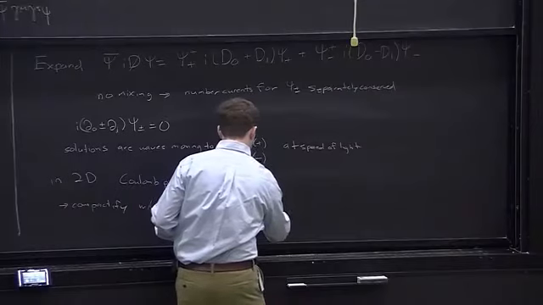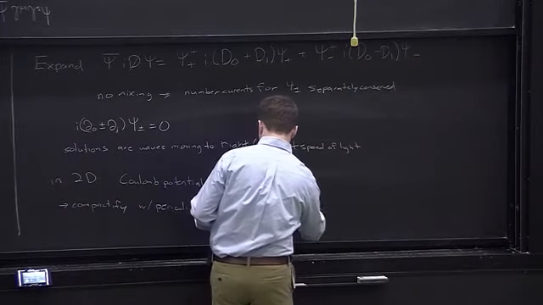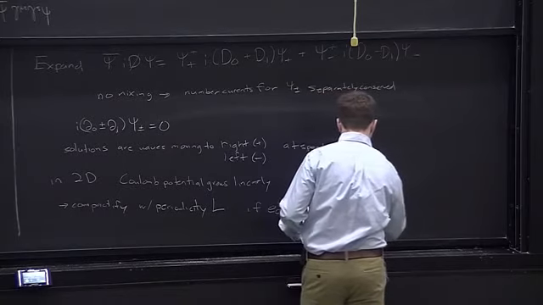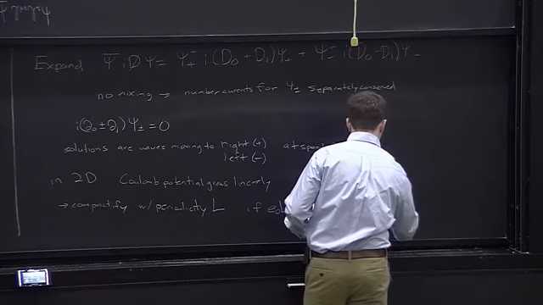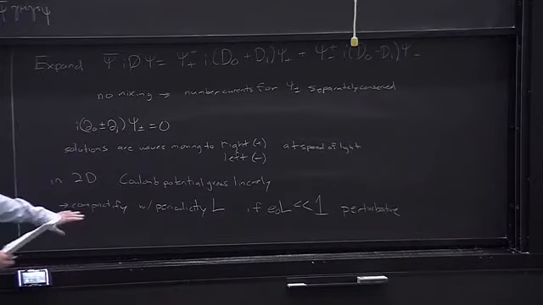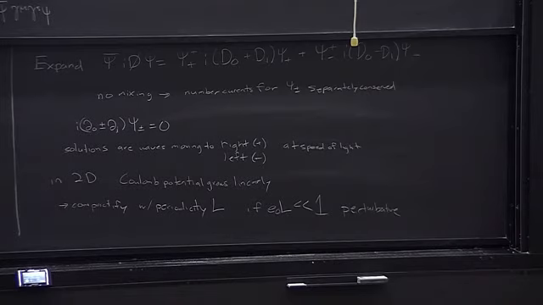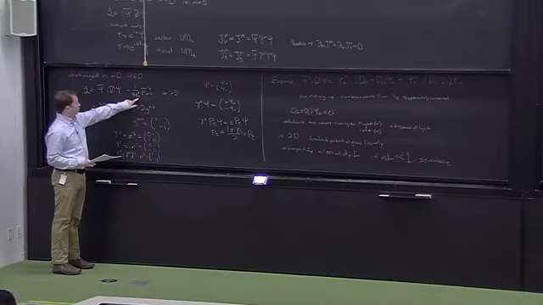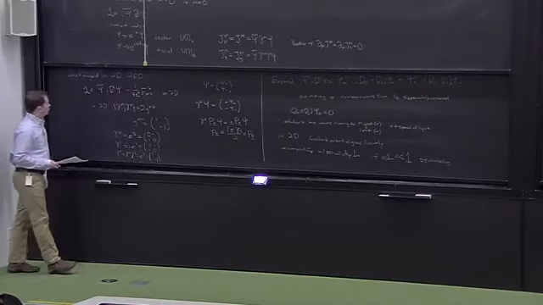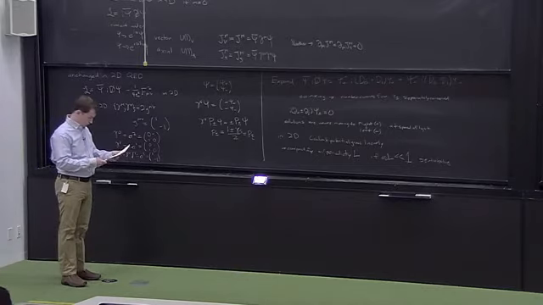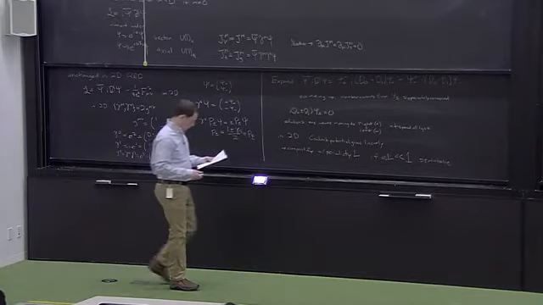And if e_0 L is much less than 1, then this is perturbative. So note that we're in 2 dimensions, so the coupling is dimensionful. So the coupling has to have dimension 1 in order for the units to work out. Okay.